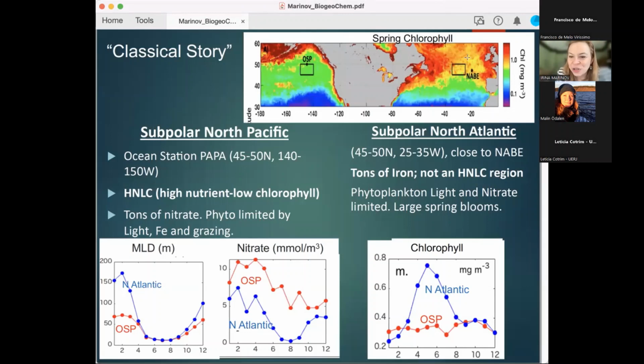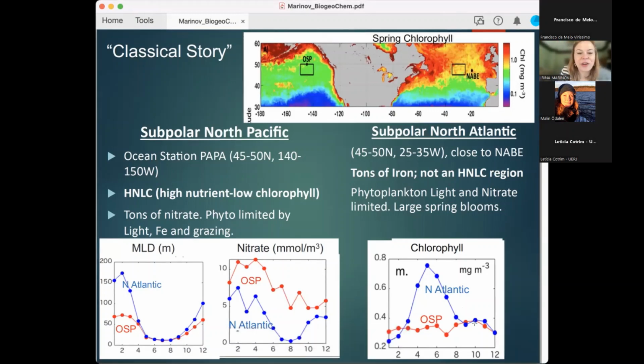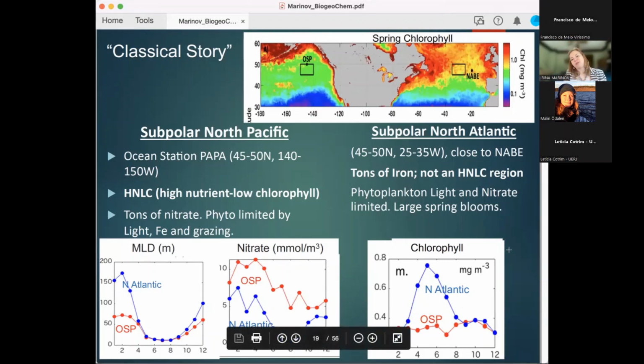Phytoplankton here is nitrate limited with large spring blooms, as shown here for the chlorophyll. While at Ocean Station Papa in the Pacific, the classical story says that because phytoplankton don't have enough iron and they're grazed very aggressively, there's not such a strong peak in biomass as in the North Atlantic. So this is what the chlorophyll tells us.